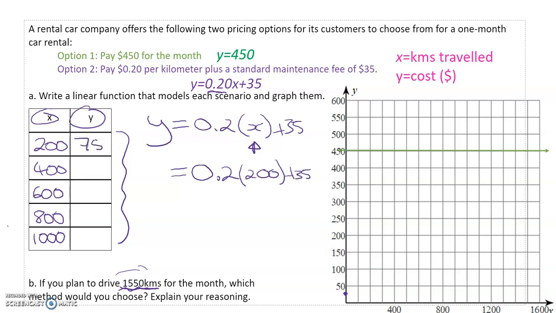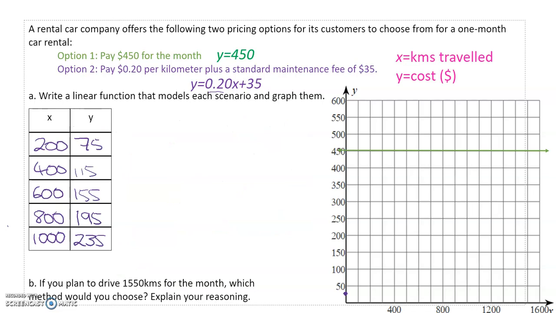So we just put that in here. And we continue. We just keep repeating. So for 400, 0.2 times 400 plus 35. And the same for 600, and 800 and 1000. So I've worked all of those out and substituted them in.